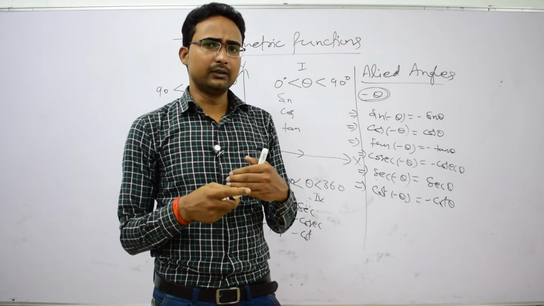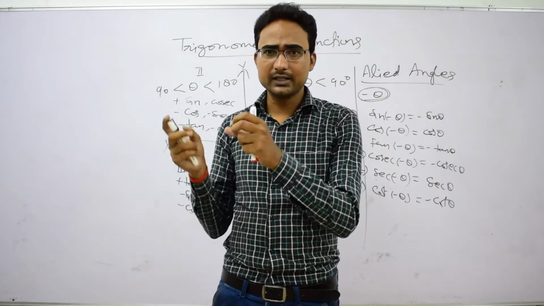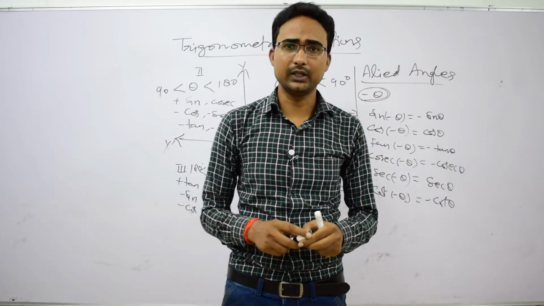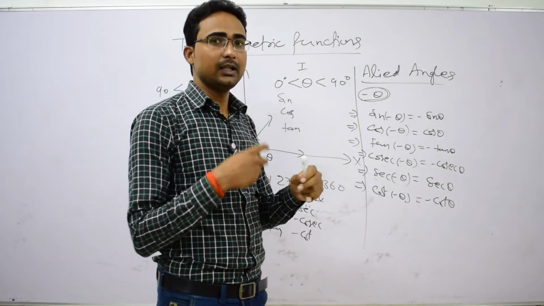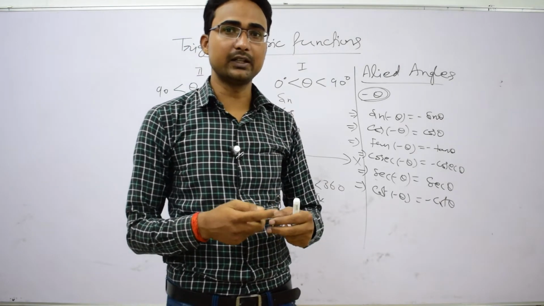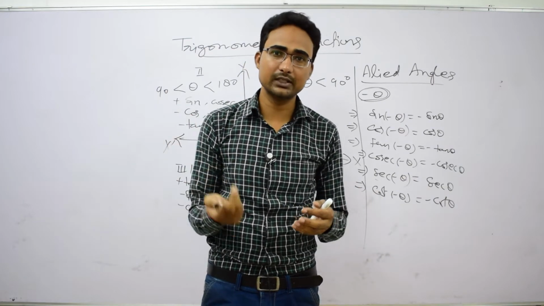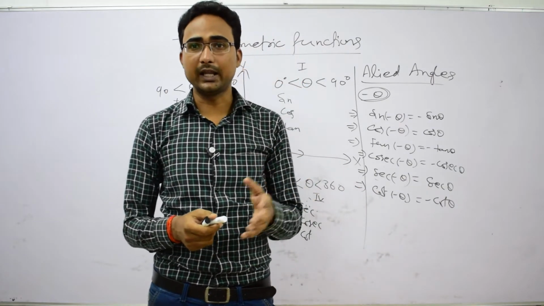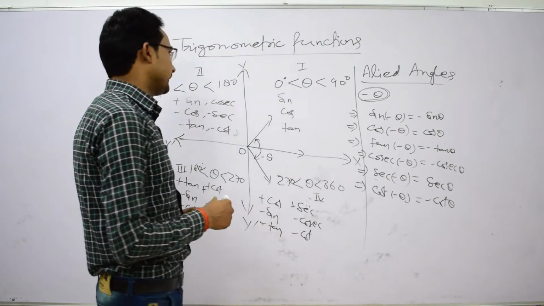So, we can break it into allied angle forms, and after that we can reduce the angles and find the value of the trigonometric ratios. Okay. So, allied angles are very important for finding angles more than 360, like 1000 plus, 2000 plus or 3000 plus. So, we have to break it into allied angle form, and after that we have to simplify it. Okay. So, look here, how can you simplify it?